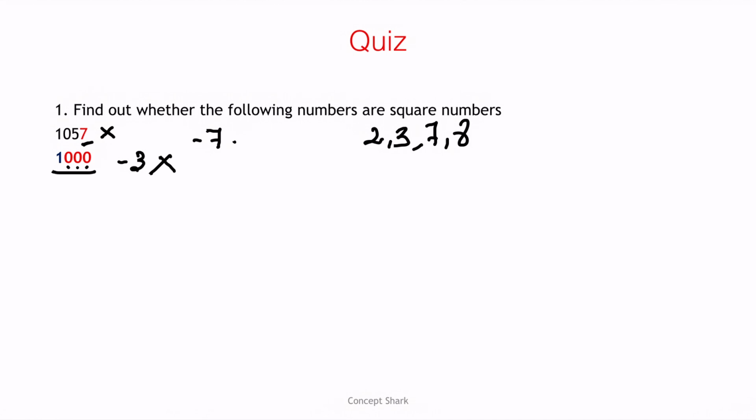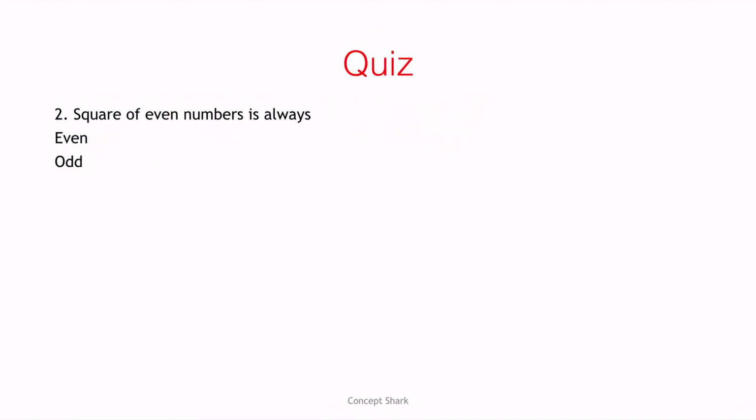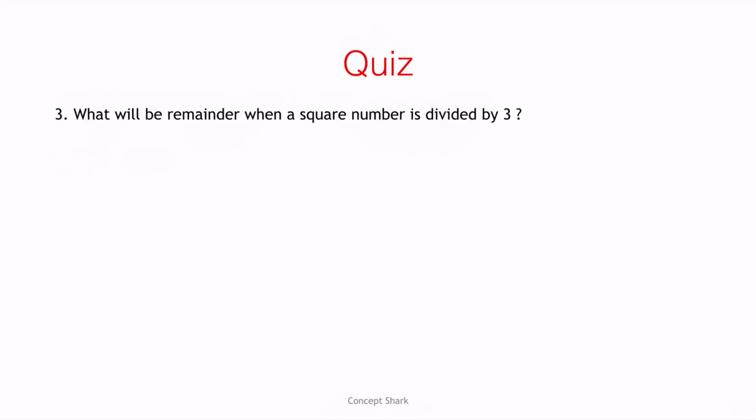Now let's see the second. The square of an even number is always even, and the square of an odd number is always odd. Third one, what will be the remainder when a square number is divided by 3? The remainder will be 1 or 0.